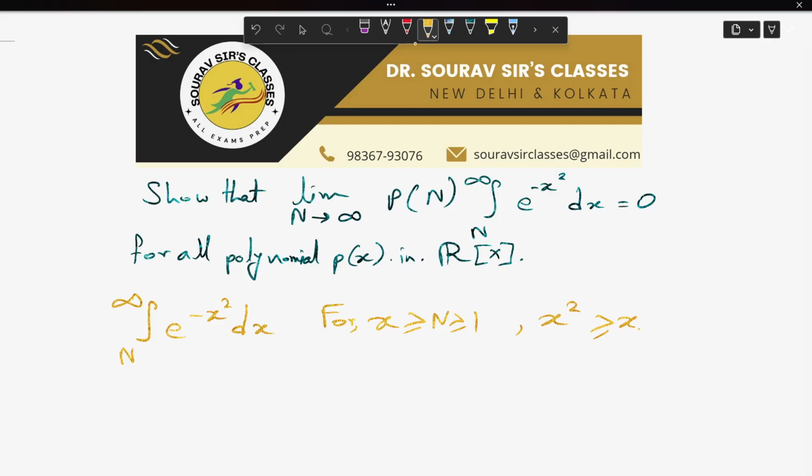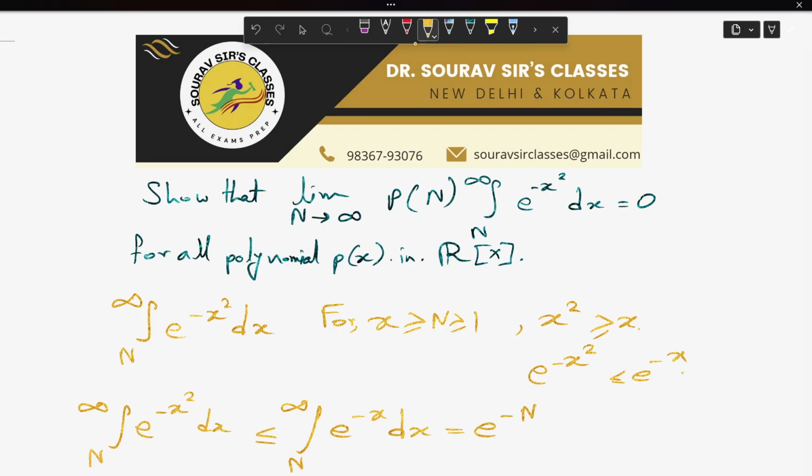So e to the power minus x squared is less than or equal to e to the power minus x. Thus the integral from n to infinity of e to the power minus x squared dx is less than or equal to the integral from n to infinity of e to the power minus x dx, which equals e to the power minus n.